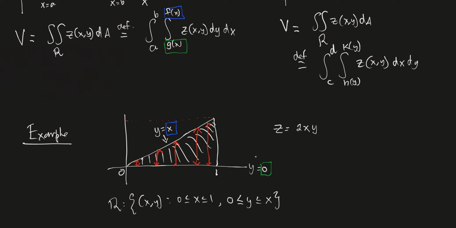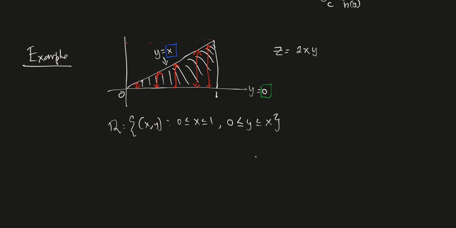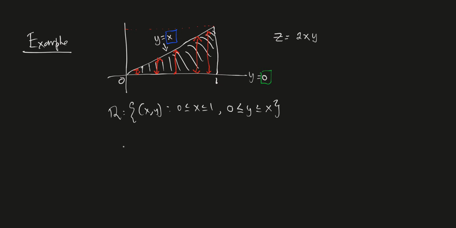So now let's evaluate this double integral. Let me set it up generically first. There's our surface, z equals 2xy, and now we're going to do it as in this type 1 setup.